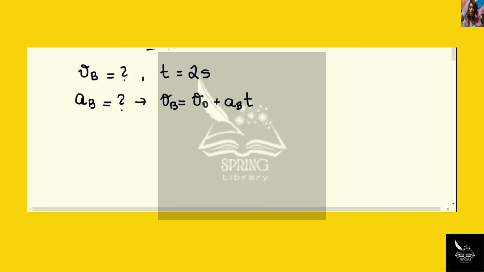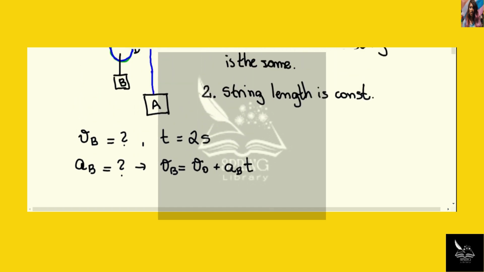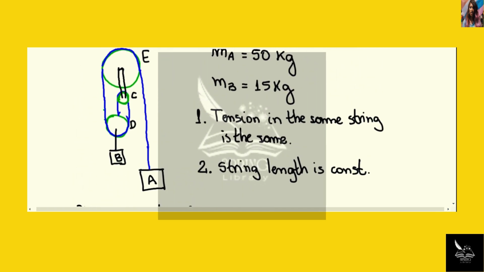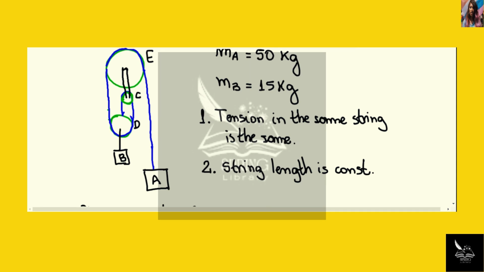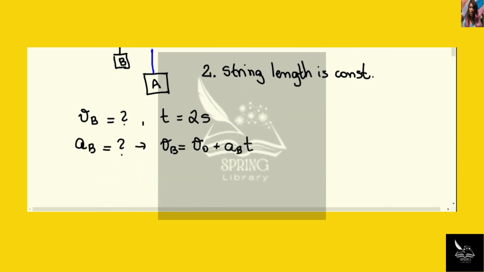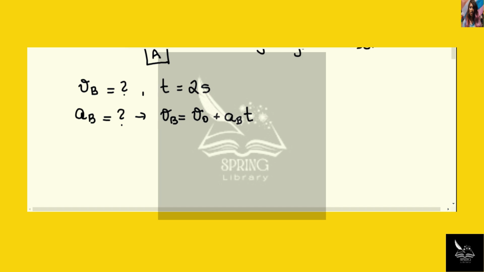So what do we need to do in order to find the acceleration? First of all, I'm going to apply the first principle that I wrote here. The tension is the same throughout the string. So I'm going to draw a free body diagram for both blocks.